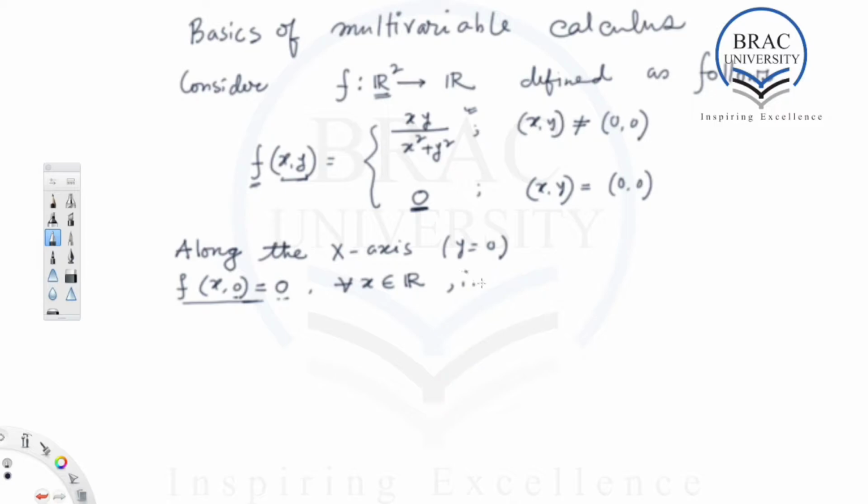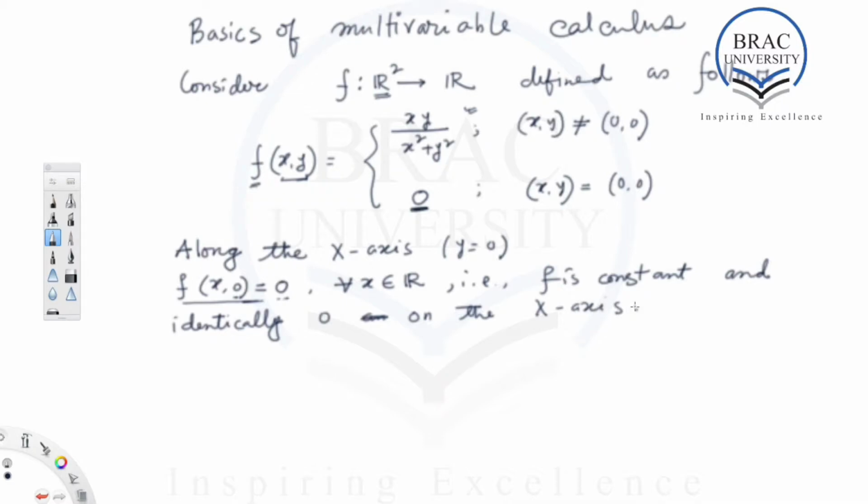That is, f is constant and identically 0 on the x-axis. If the function itself is constant, in particular 0 along the x-axis, then its derivative is also 0, because the derivative of a constant is 0.